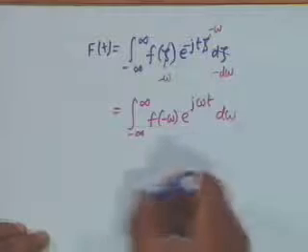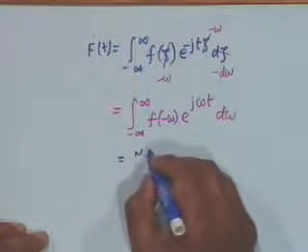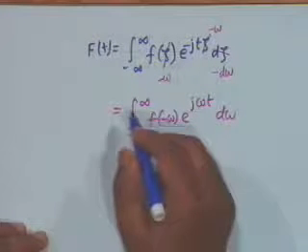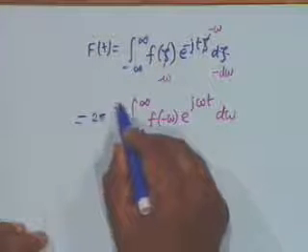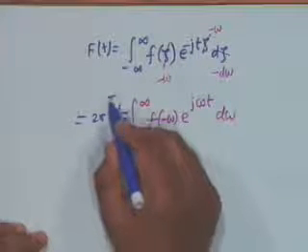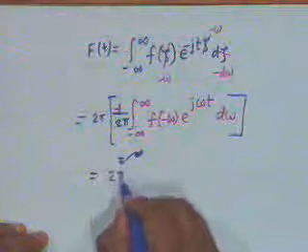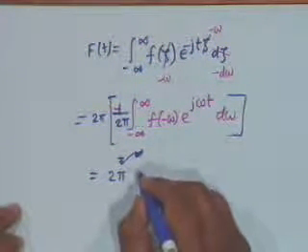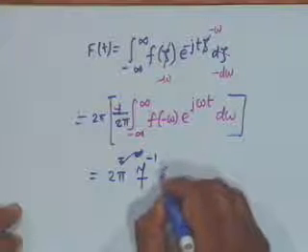Isn't this simply equal to the Fourier 2 pi times? Alright, what we do is, I write this as 2 pi times 1 over 2 pi. Then don't you see that this is 2 pi times the Fourier inverse of f of minus omega.